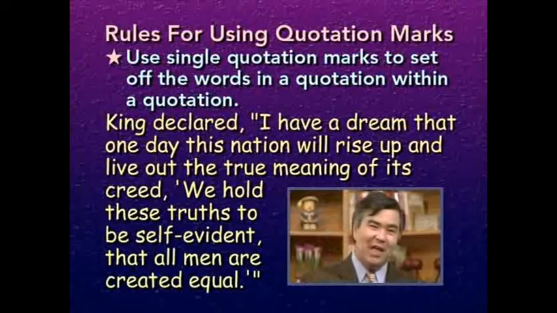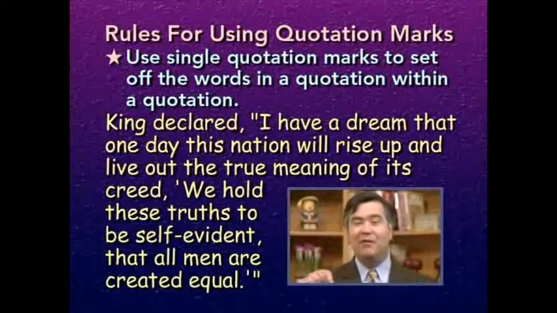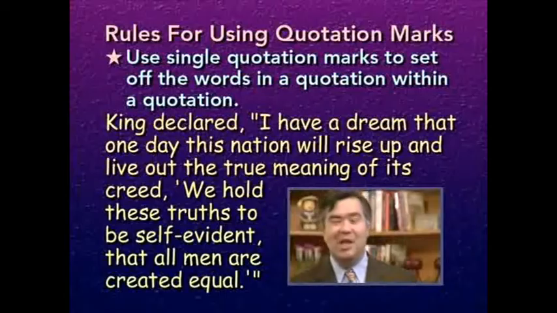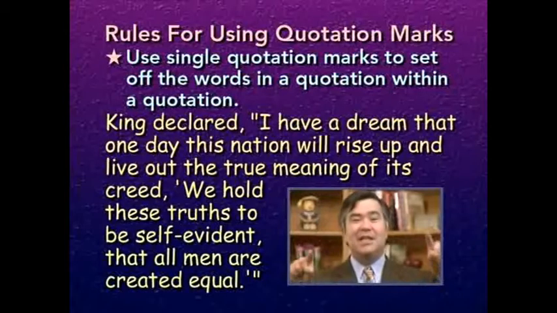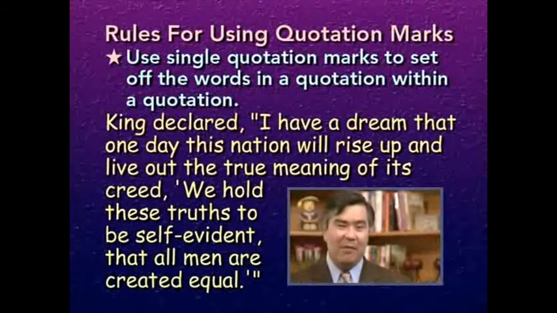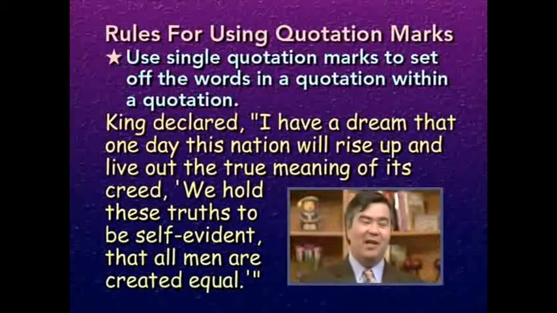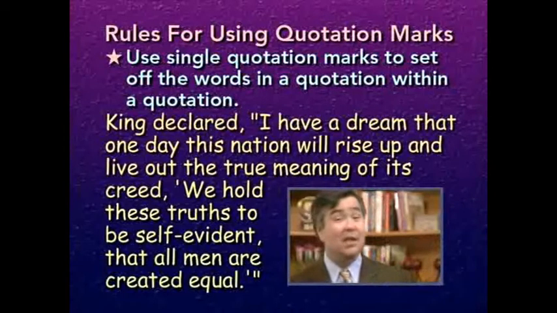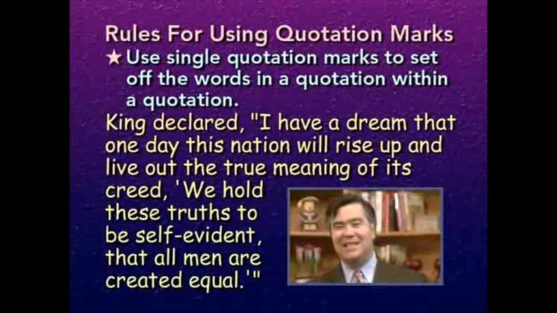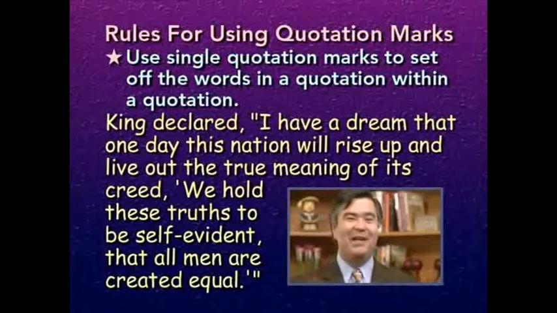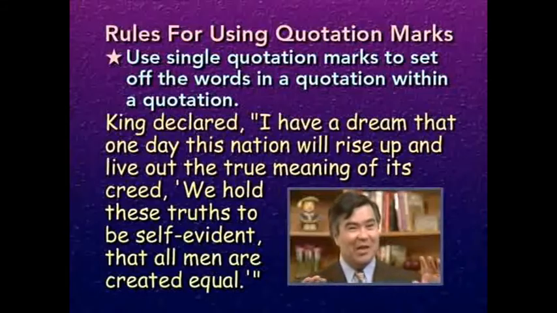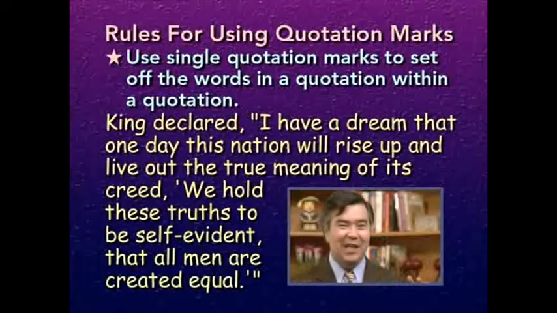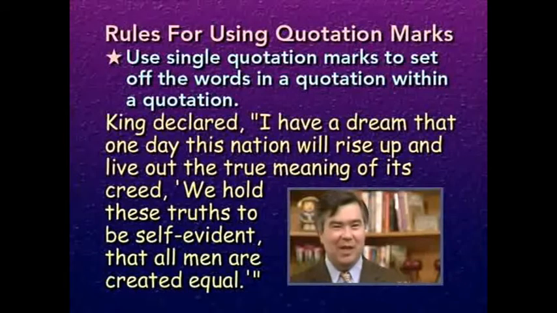But then within the quotation, where King was himself quoting the Declaration of Independence, we use the single quotation marks to set off those words and make it obvious to the reader where the quotation within the quotation begins and ends, which does mean that at the end of the sentence, the single and double quotation marks appear together. It's a little tricky, and you have to look closely to see what you're seeing, but that's the right way to do it. So the sentence is correctly punctuated this way.